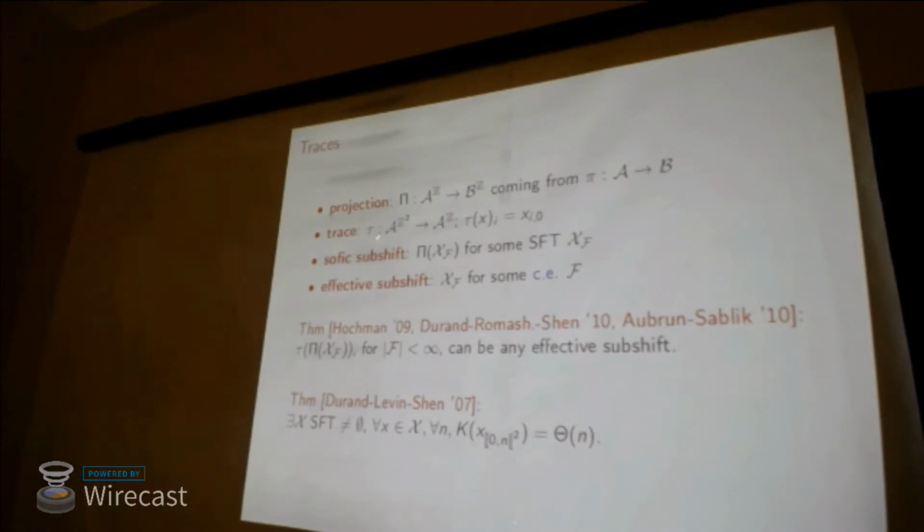Maybe in 2 dimensions, you can do first a projection of alphabet, and then you can just keep one line of the subshift. Sorry, one line of the sofic shift. After doing one projection of alphabet from your SFT, you get a sofic shift, it's the definition. And from the sofic shift, you can take a trace, which is a one-dimensional subshift. You can show easily it's still a subshift.